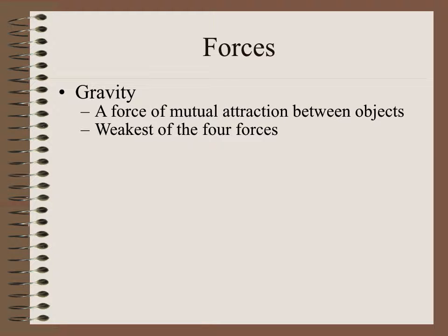Gravity is a force of mutual attraction between objects, and as I said, it's the weakest of the 4 forces. As a force of mutual attraction, remember, force is a push or a pull. Mutual attraction means that it's going to occur between at least 2 things because it's mutual. And attraction means that they're always going to pull together. So gravity always pulls things together. It doesn't push things apart.